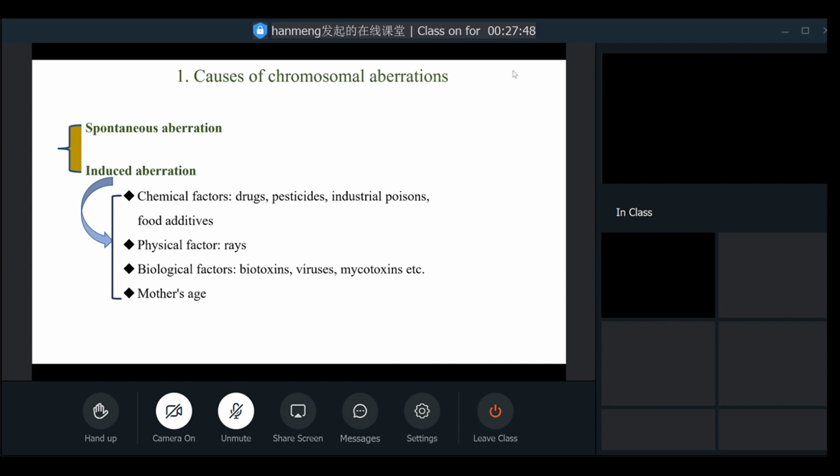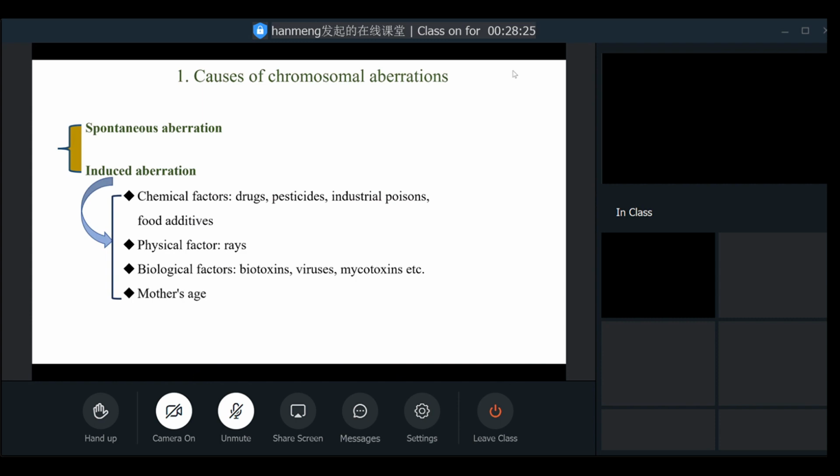The induced aberration can be induced by chemical factors, physical factors, and biological factors, and these factors are the same as for gene mutation. But chromosome aberration can also be induced by the mother's age.